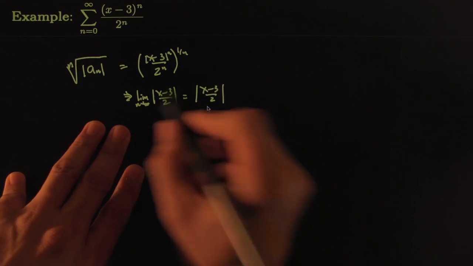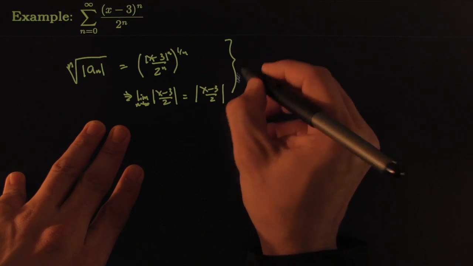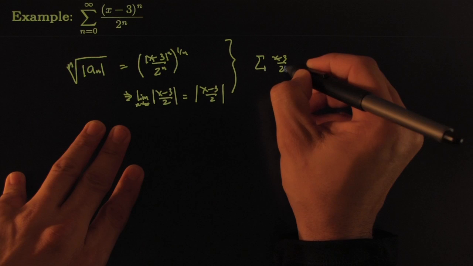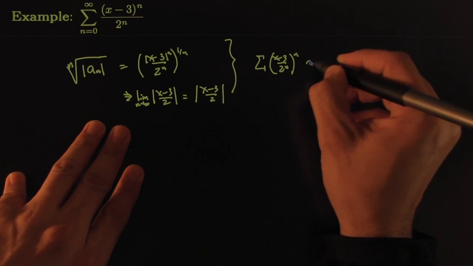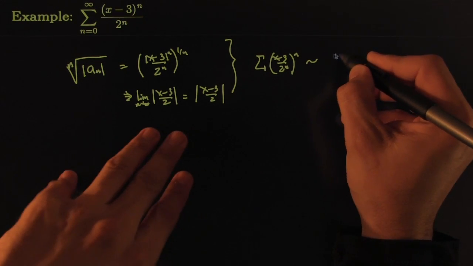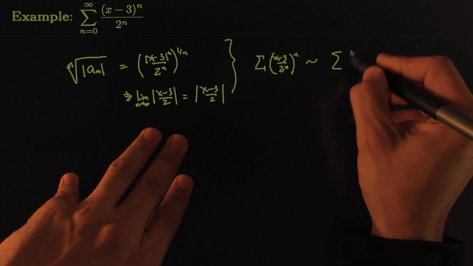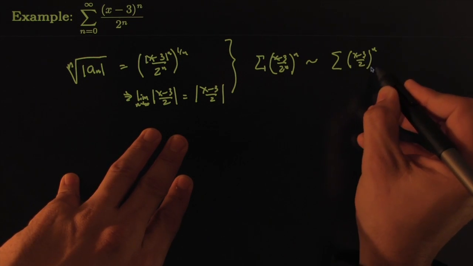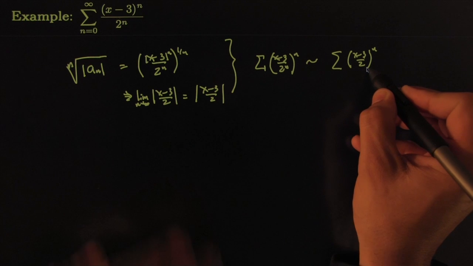Now the root test says that whenever this happens, then our original series, x minus 3 over 2 to the n raised to the n, behaves, as far as convergence and divergence goes, like x minus 3 over 2 to the n. So this is a geometric series.